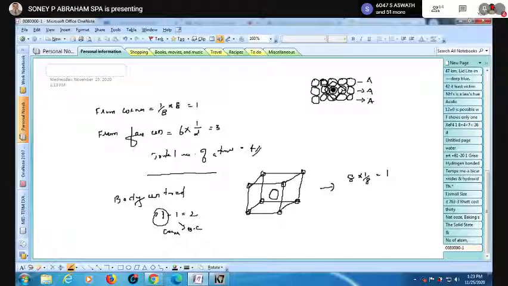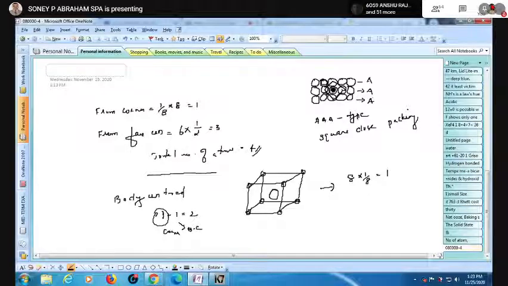So this A type packing in 2 dimensions is also known as square close packing. And what is the coordination number of each atom in square close packing? 4. The coordination number in this case will be equal to 4.